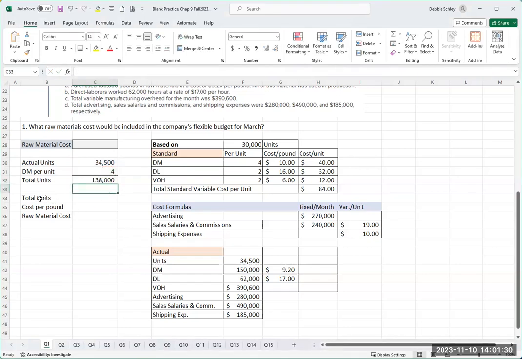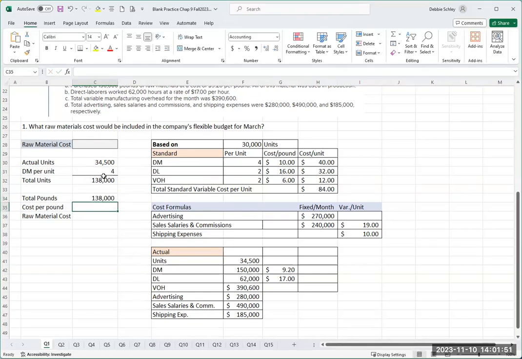Okay, so this is my total pounds. Gotta label this right. Okay, I'm just trying to write this out so you can see what this is.